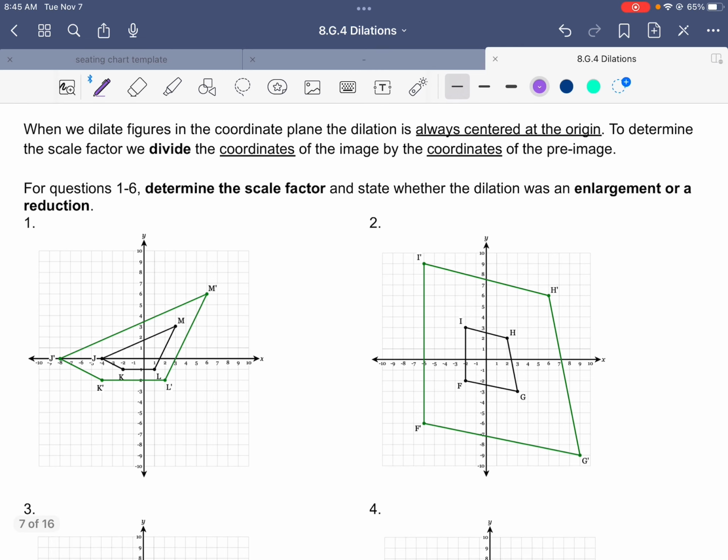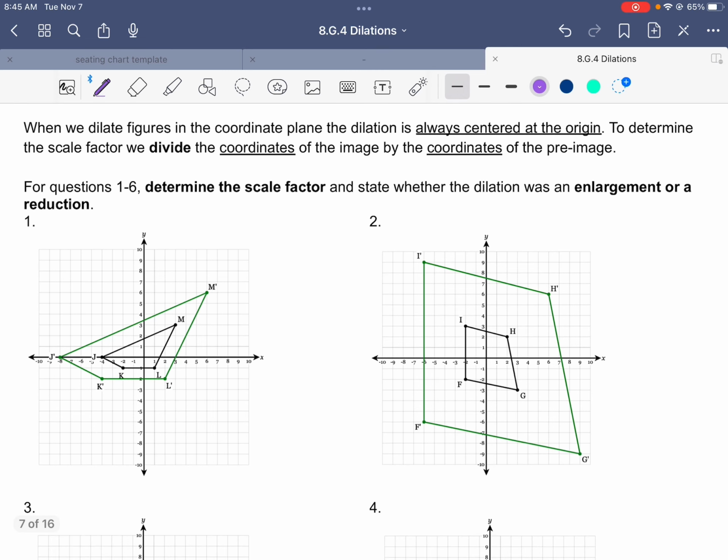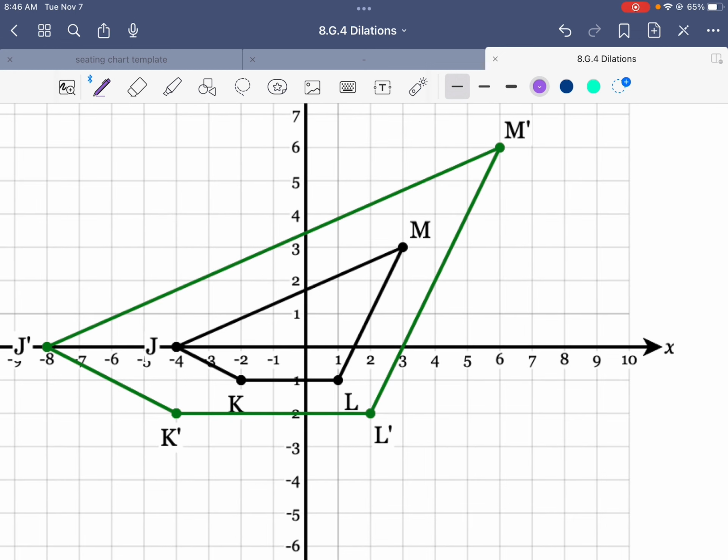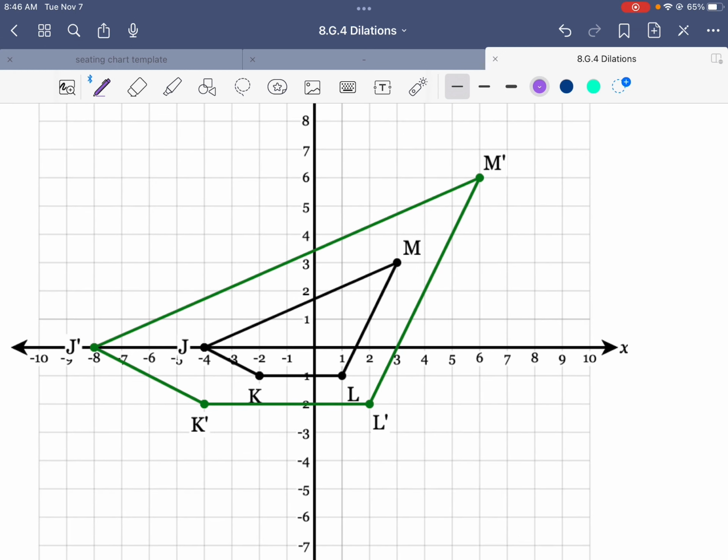So for 1 through 6, we're going to determine the scale factor and then state whether it was an enlargement or a reduction. Our first step is to pick two corresponding points on our image and pre-image.